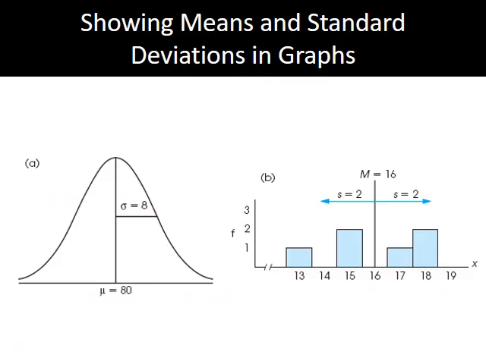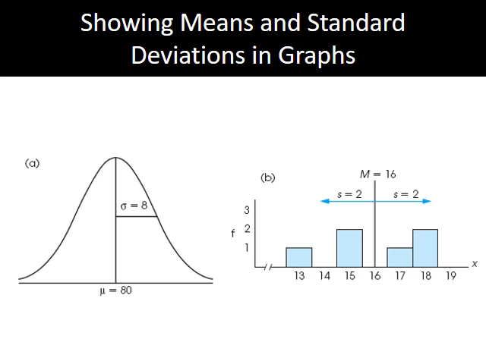All right, and just to represent this graphically, here we're looking at two figures, a population distribution on the left and a sample on the right. You should be able to identify at this point the mean and the standard deviation of the population. The mean is the little mu at the bottom of the figure, 80. The population standard deviation is sigma, which equals 8. In the figure on the right, we're looking at a handful of scores from a sample, with a mean of 16.